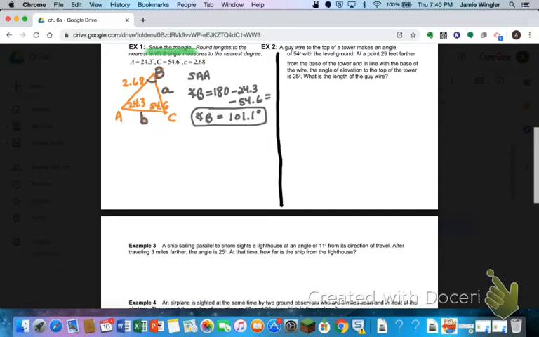Now if I go to find side a, the law of sines says that a side over the sine of the angle opposite it is equal to another side, the only other side I know is side c, over the sine of the angle that's opposite it. The angles always go with the sines. Now to solve this, I'm going to cross multiply.